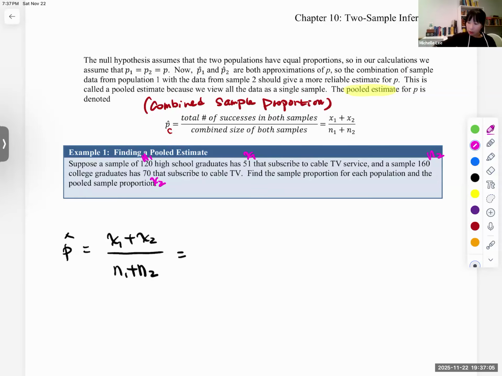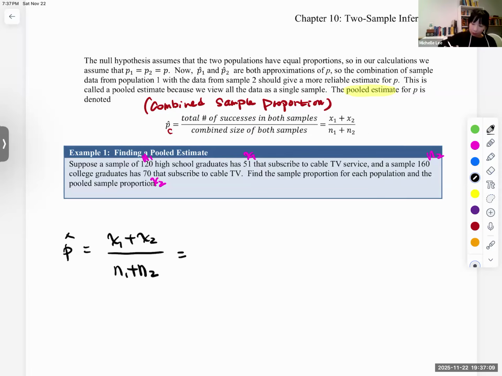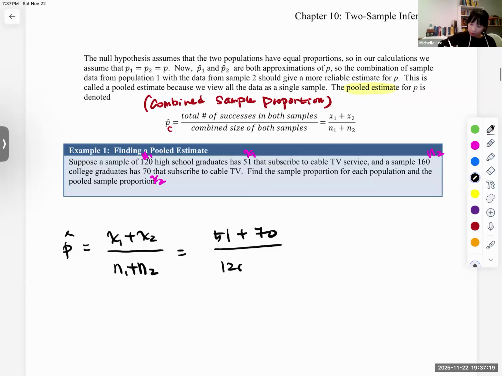So that will be x sub 1, which is 51, plus x sub 2, which is 70, over n sub 1, which is 120, plus n sub 2, which is 160, right? Now, your turn. Can you please calculate?